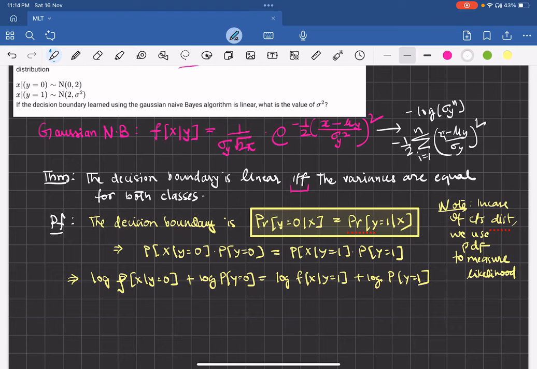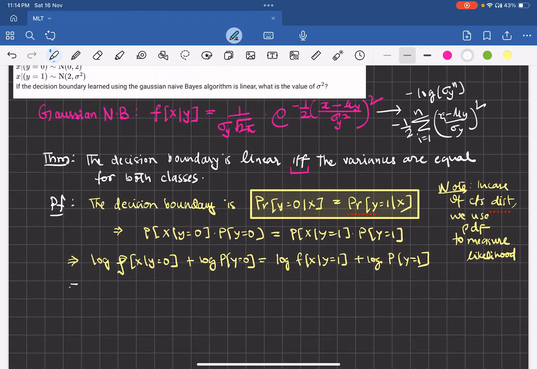Okay, fine. So let me substitute that right away here. So I can say minus half of summation i running from 1 to n of xi minus mu 0 by sigma 0 whole square. Instead of mu y I'll write mu 0, and instead of sigma y I'll write sigma 0.